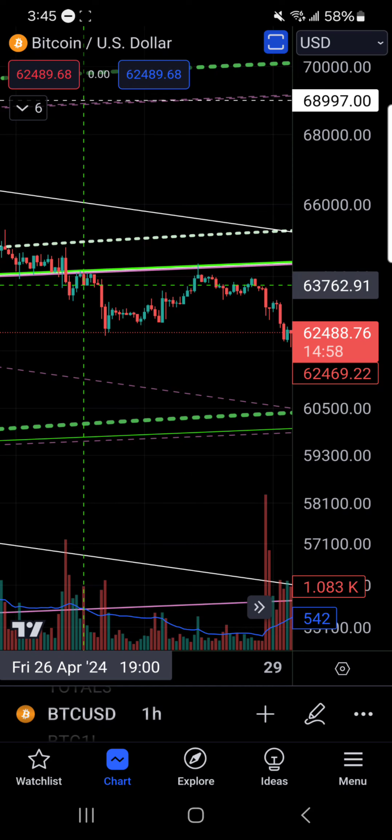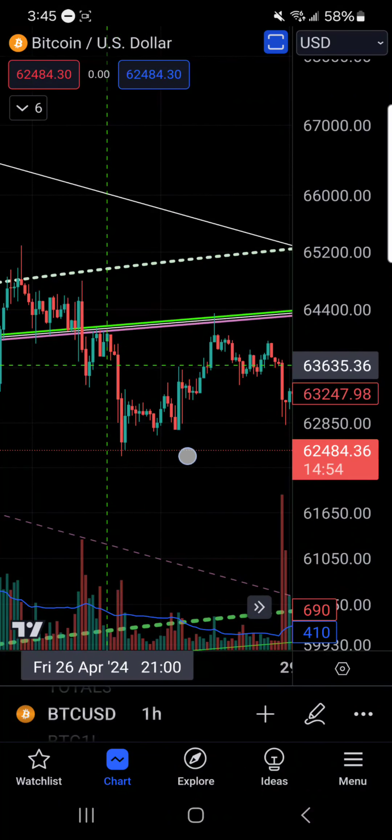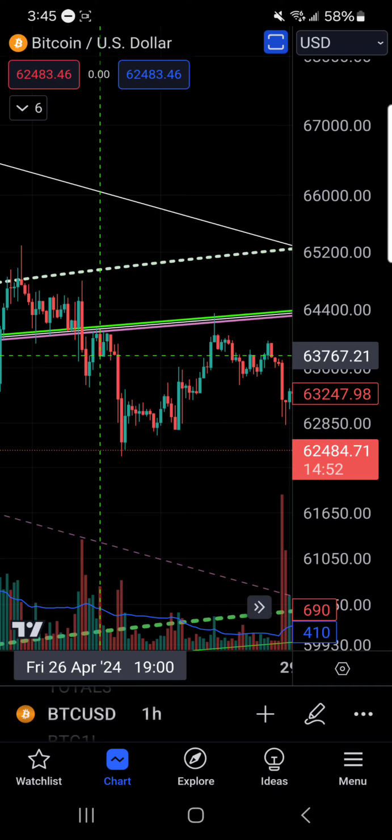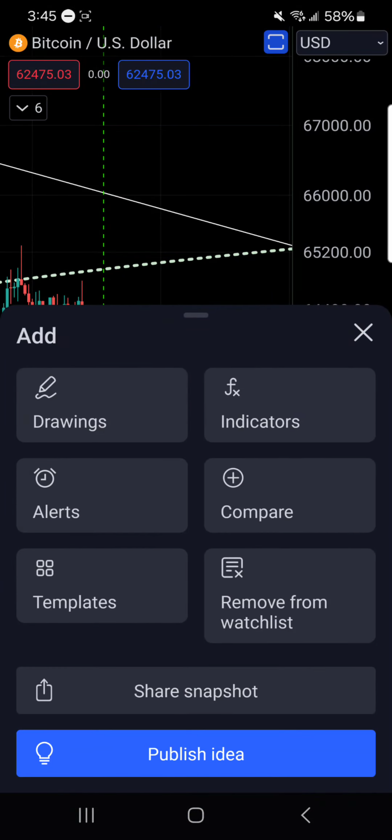Zoom in a little bit better. At 1900, about 63,760. Yeah, looks like. So let's measure from there.